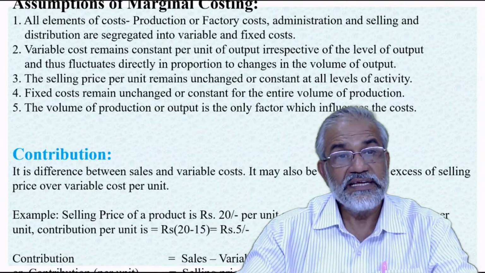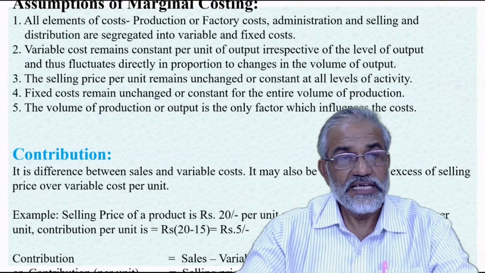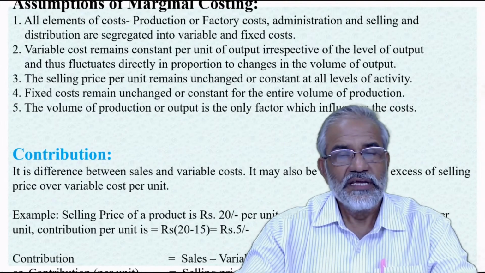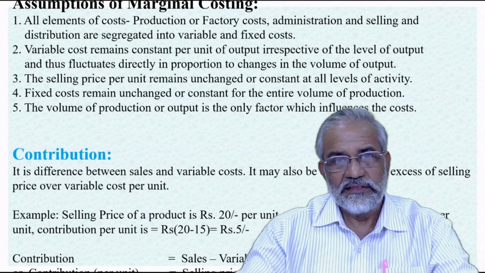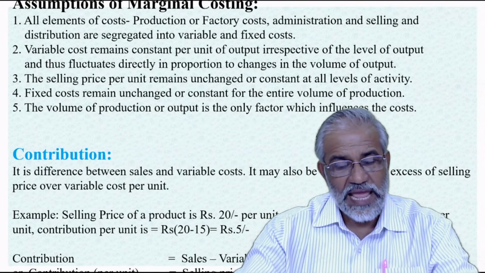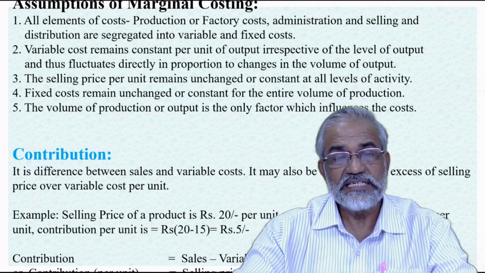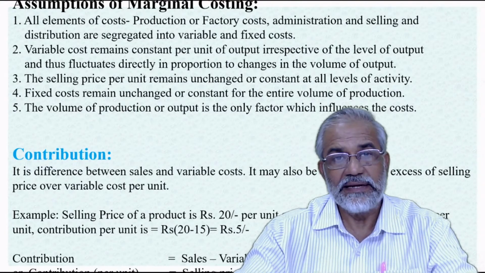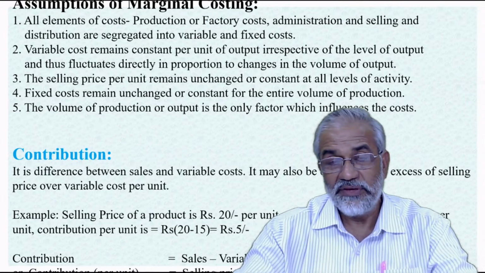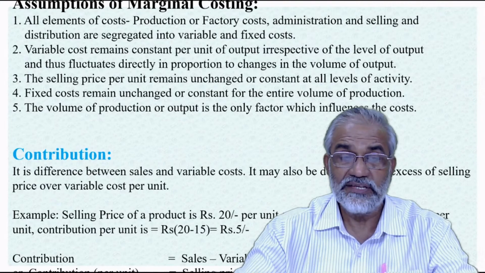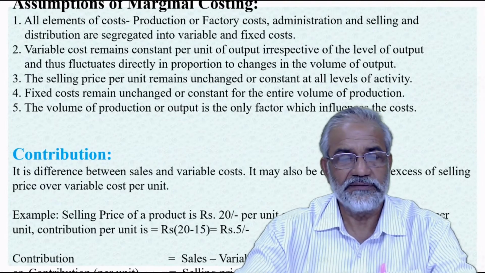And the third one is the selling and distribution overhead. These are the elements of cost on the basis of which the cost sheet is prepared. So when the 3 types of cost classified on the basis of activities are taken into consideration, they are also segmented on the basis of behavior, that is fixed cost and variable cost. That is the very first assumption of marginal costing.